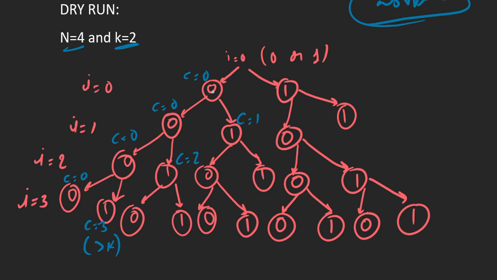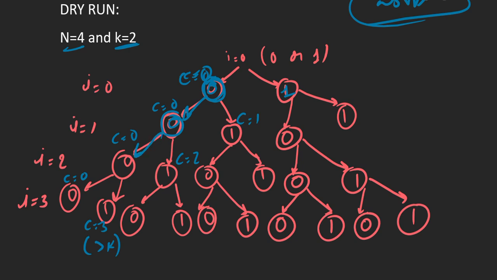At index number 0, we have two options: we put 0 or we put 1. First we will explore the cases of putting 0. So we put 0 over here, and our current cost is 0. Then we move to index number 1, where again we have two options. We put 0, and we will see the put 1 case later.